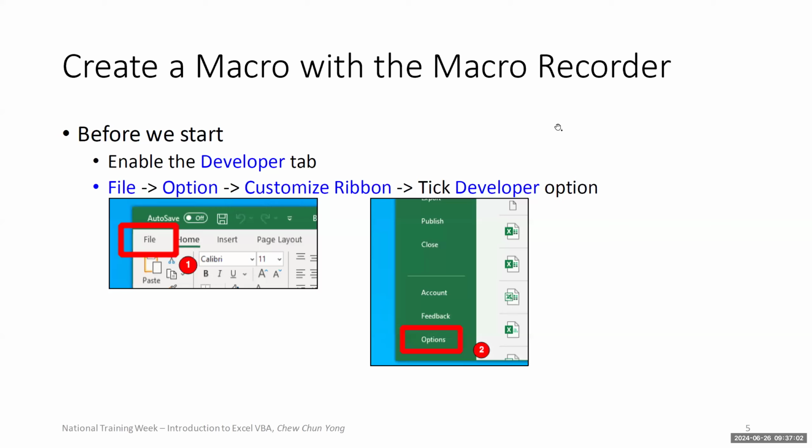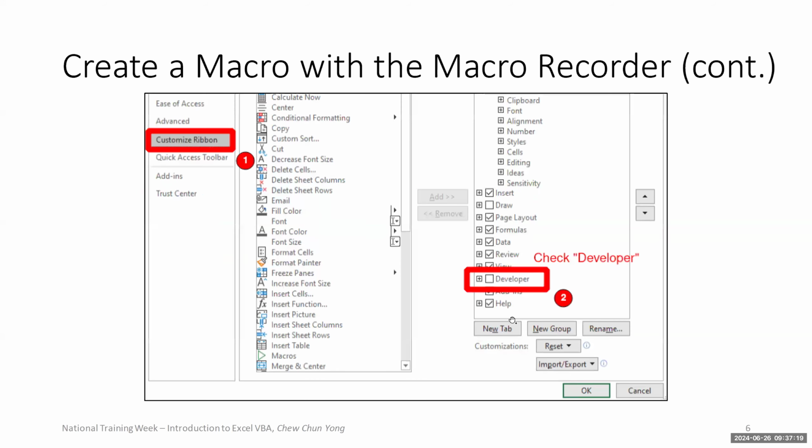In order to do that, and in any other case when you want to deal with VBA, you have to enable the Developer tab. So go to File, Options, and then you will see Customize Ribbon, and then check Developer.